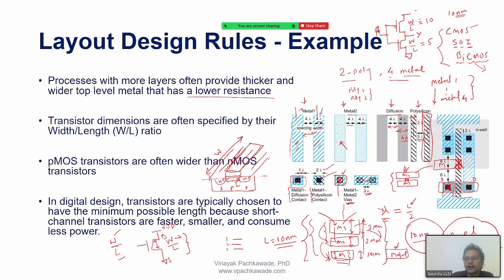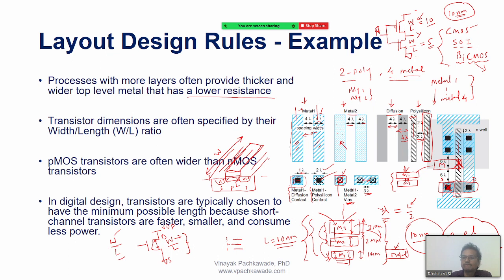So the W by L ratio of the PMOS transistor is 10, the W by L ratio of the NMOS transistor is 5, and the technology is 10 nanometer. What is the width of each of these transistors? The width of the NMOS and the width of the PMOS.